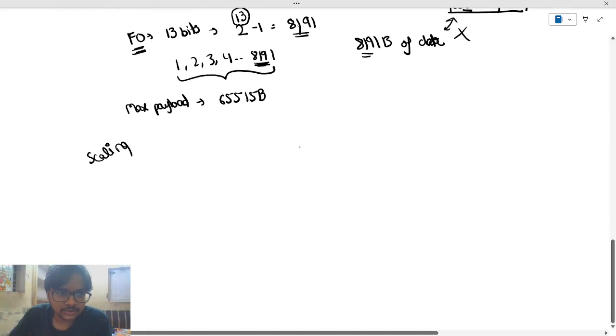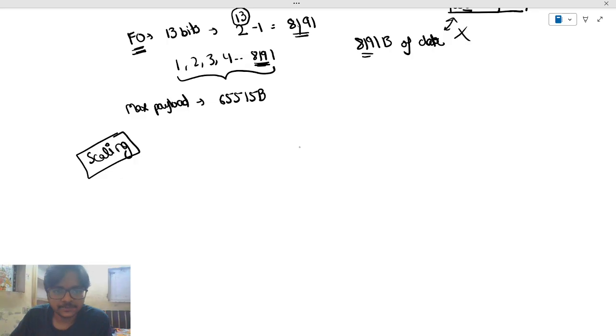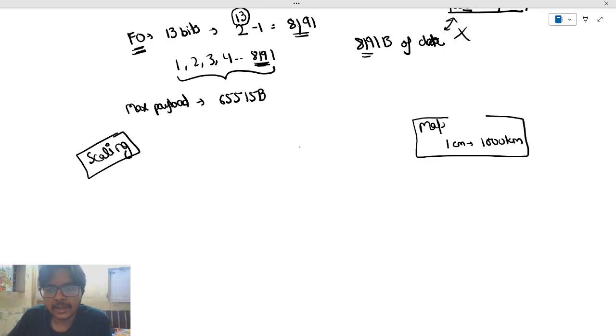We use a concept called scaling. I will give you a very short example. On a map, you see that the distances are shown with a scale. For example, 1 centimeter represents 1000 kilometers. So these types of scales are mentioned on a map.